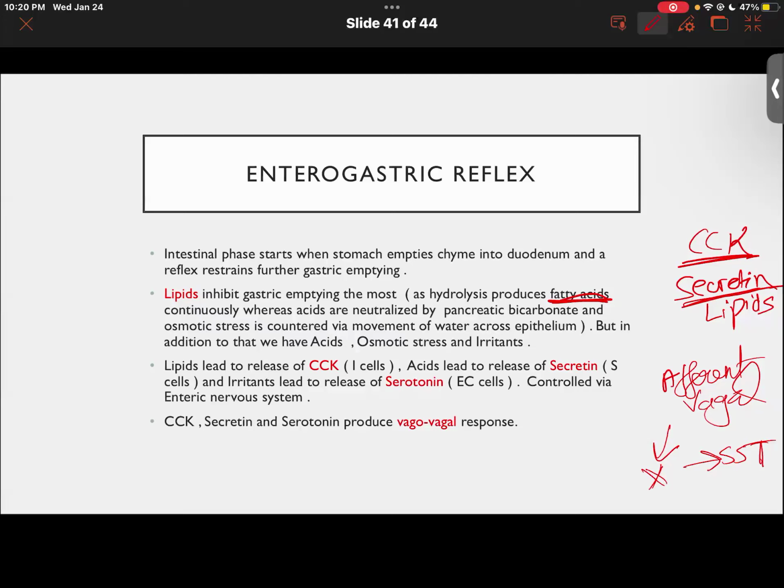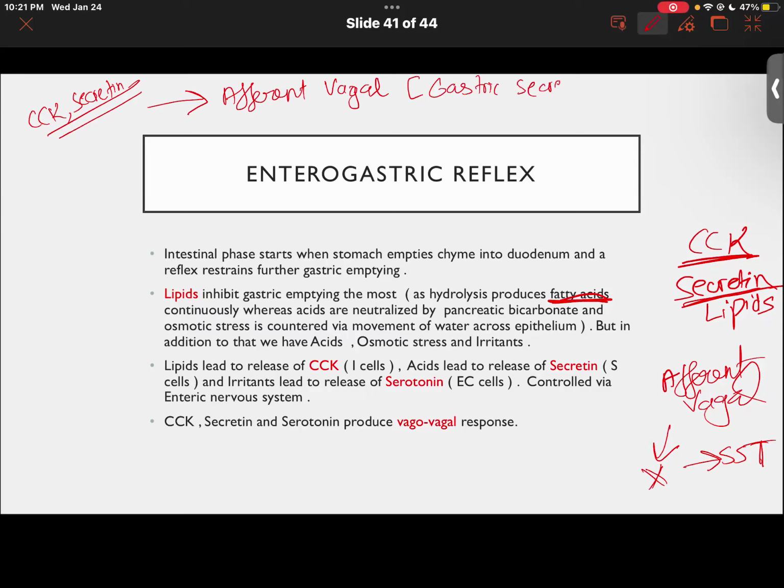Look, guys, I know you're going to hate me so much, and I'm sorry, this is not my fault. But in the first part, CCK and secretin activated afferent vagal. This is for gastric secretions, right?